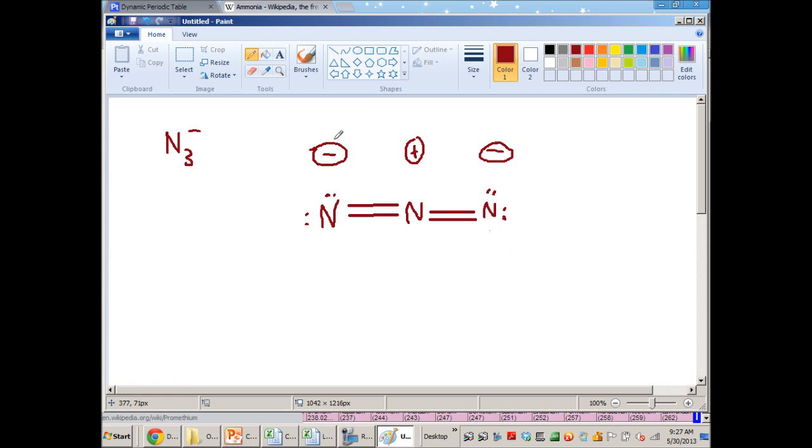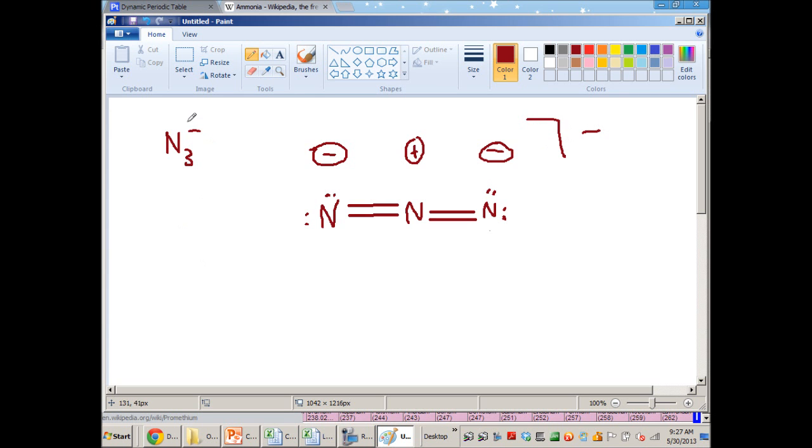Overall, this is an ion. It has an overall charge because we have a minus charge here, a plus charge here, and a minus charge there. So 2 minus charges, 1 plus charge. Overall, this thing has a minus charge.